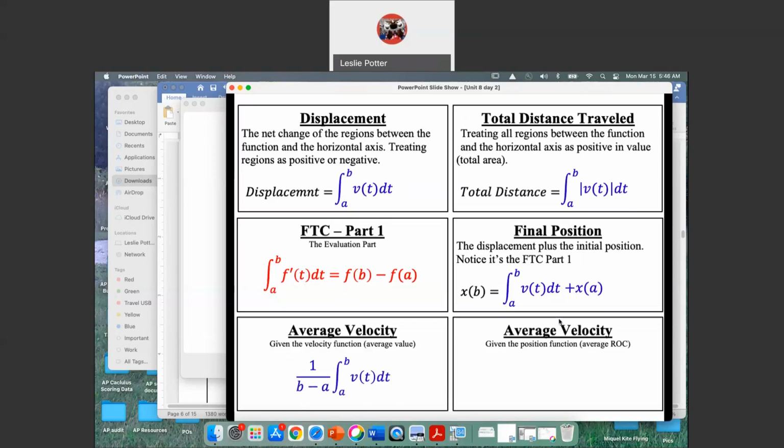But we can also go back to differentiation and know that our average velocity given the position function is our algebra slope. So we're still going to talk about these 2 concepts too, finding those average velocity values depending upon the information that we're given. Like I said, this is very vocabulary intensive, but that summarizes all of the vocabulary that we need.